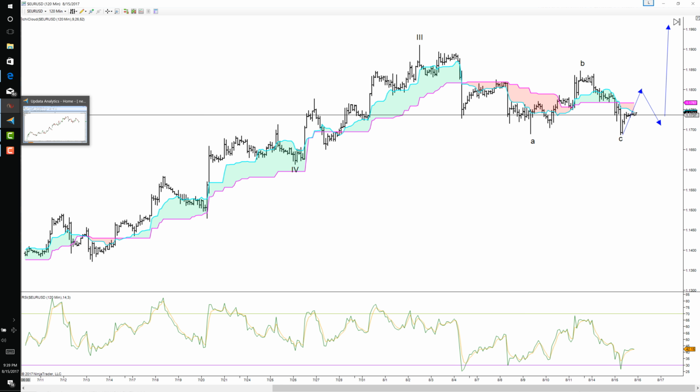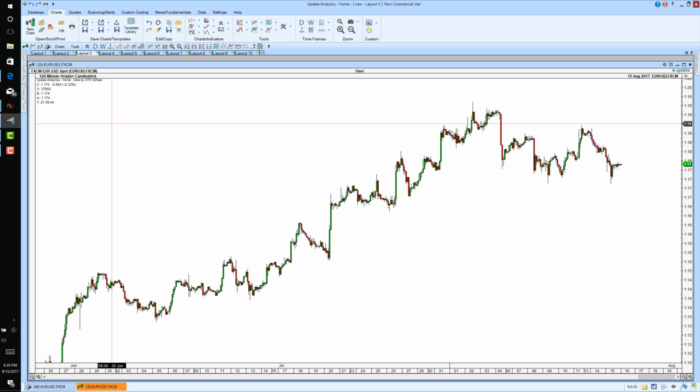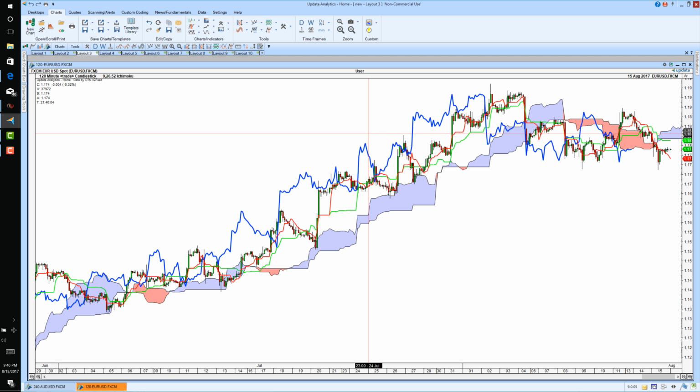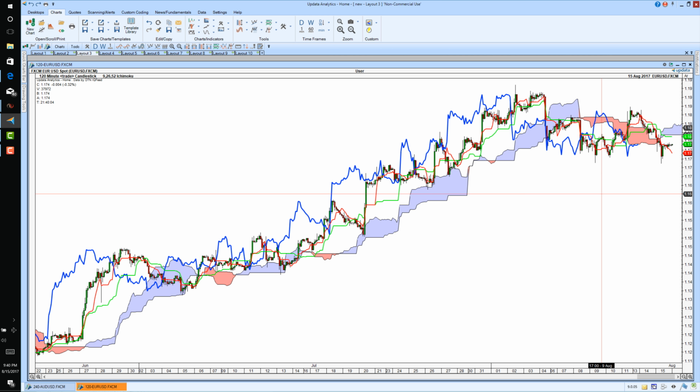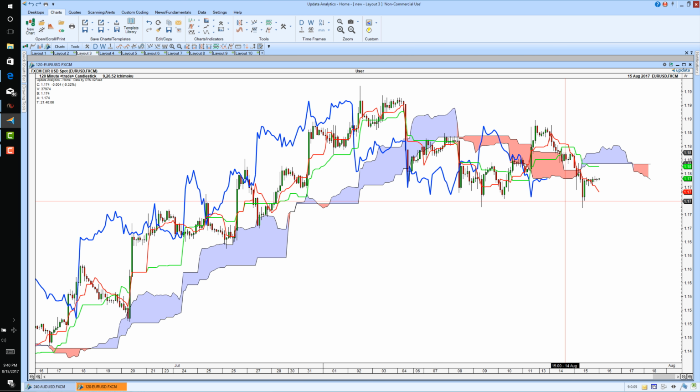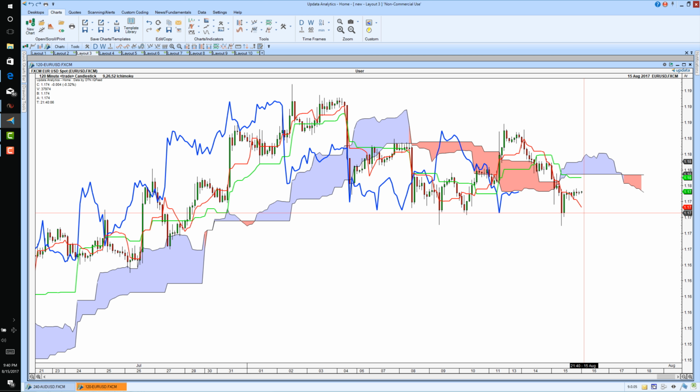So this is still the euro dollar on a 120-minute chart. But now let's go to an indicator that I like, which is the Ichimoku clouds. What is it telling me? If you look at the Ichimoku clouds, from what I'm seeing, it's basically saying that if price goes through these clouds, it's going to continue higher.